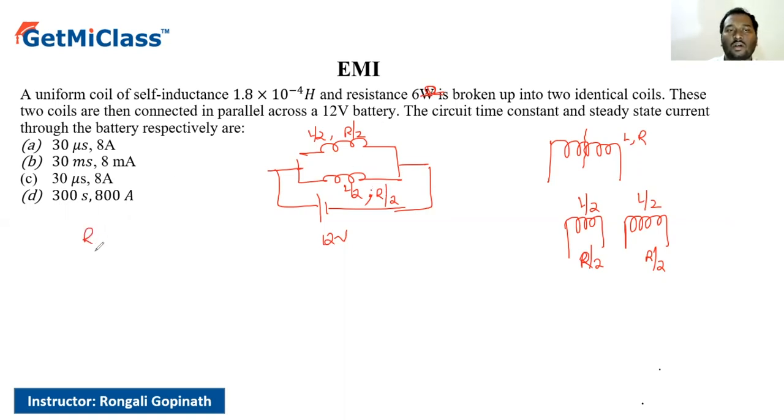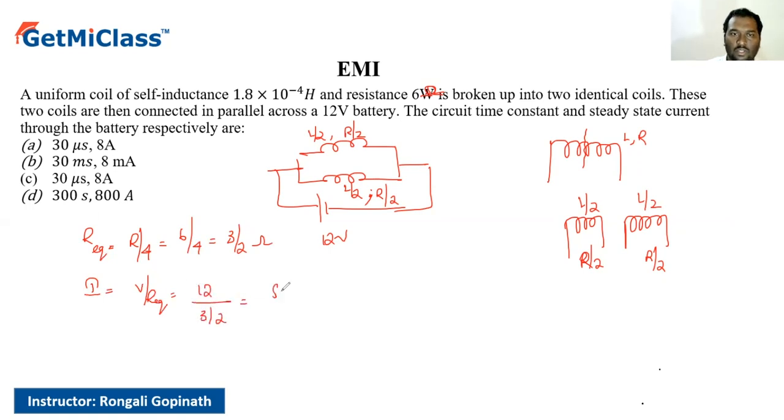So the R equivalent is R by 4, which is 6 ohms by 4, which is 3 by 2 ohms. So the steady state current is V by R equivalent, which is 12 by 3 by 2, which is nothing but 8 amperes. From this, I can rule out option B and option D.